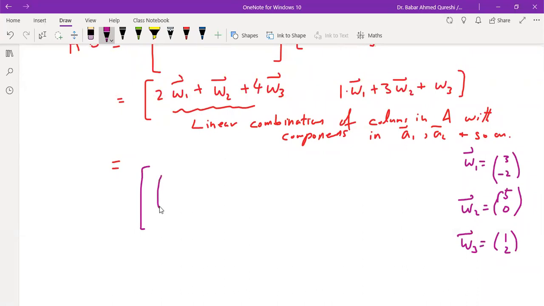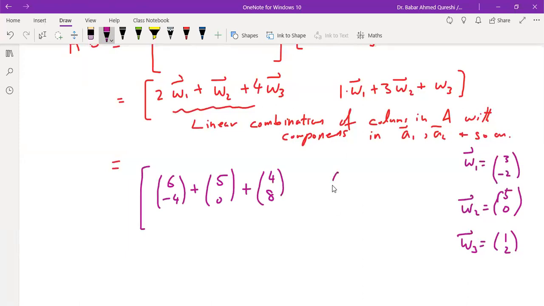So 2 times W1, when you multiply a vector by a number, you just multiply each component with that number. So 6, minus 4, plus 5, 0, plus 4, 8.